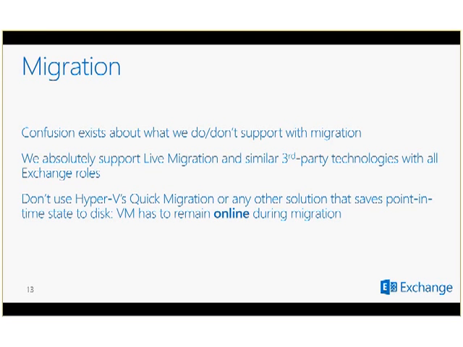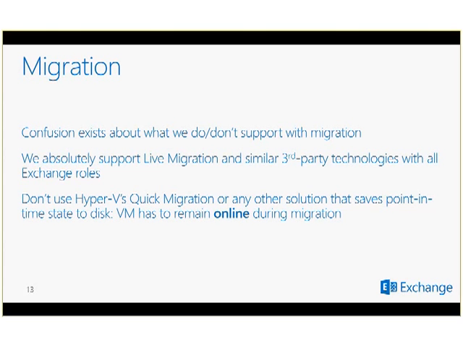So take a copy of the memory, write it to disk, move that virtual machine to another hypervisor host, and then bring it back online, as if nothing happened. So time wasn't constant in that type of scenario. And that's where we run into problems with Exchange. And that's the type of migration that isn't supported.